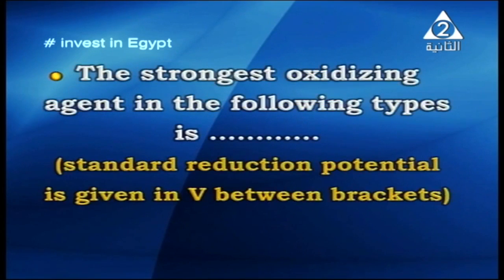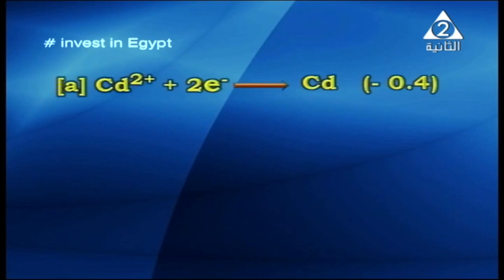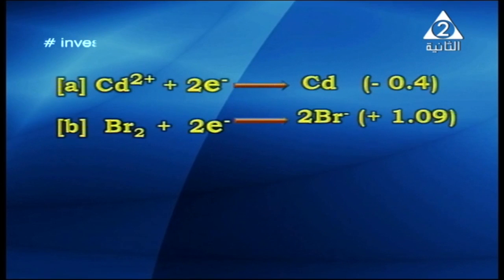Next point, the strongest oxidizing agent in the following species is what? As given, the standard reduction potential is given in volts in brackets. Cd2+ plus 2 electrons gives Cd, and the reduction potential is negative 0.4 volt. Br2 plus 2 electrons gives 2 Br negative, and the reduction potential is positive 1.09.